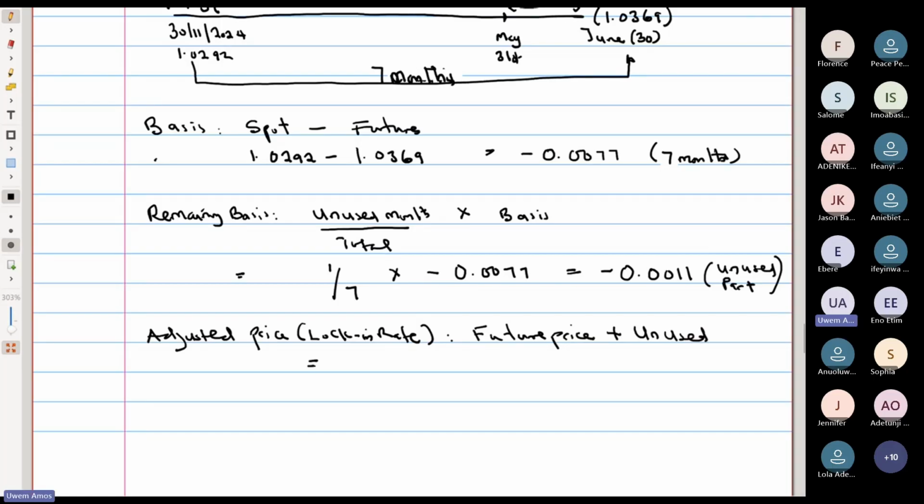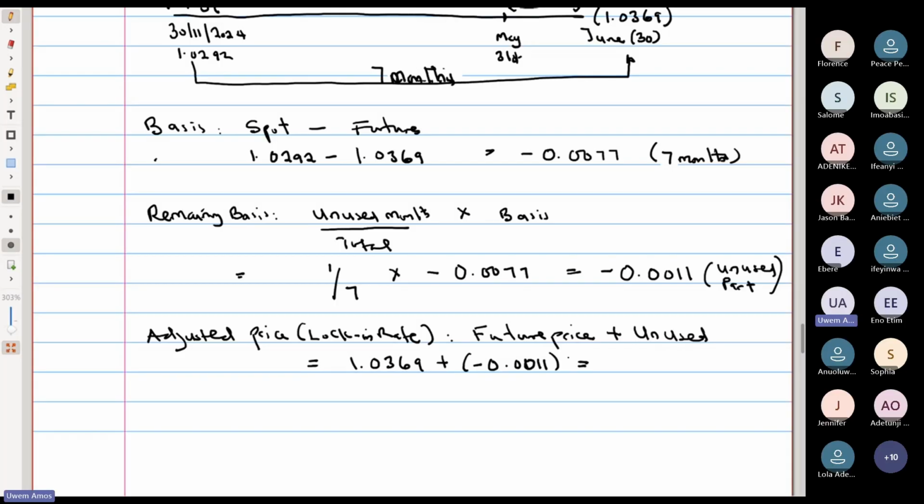So that would be our futures price is 1.0369 plus minus 0.0011. Plus minus becomes minus. So what is our adjusted rate now? Plus minus becomes minus.